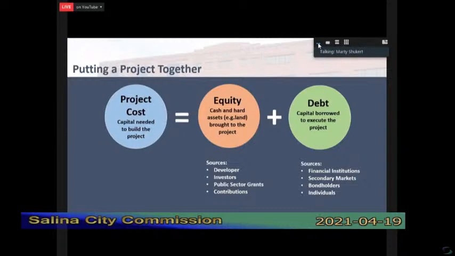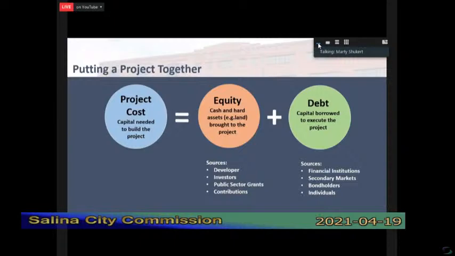Project cost equals equity plus debt. Project cost is what it takes to build stuff, what it takes to build a certain project. Equity basically means everything that you don't have to borrow. So equity can be cash or hard assets, including things like land that can be brought to a project, things that you don't have to finance through debt.